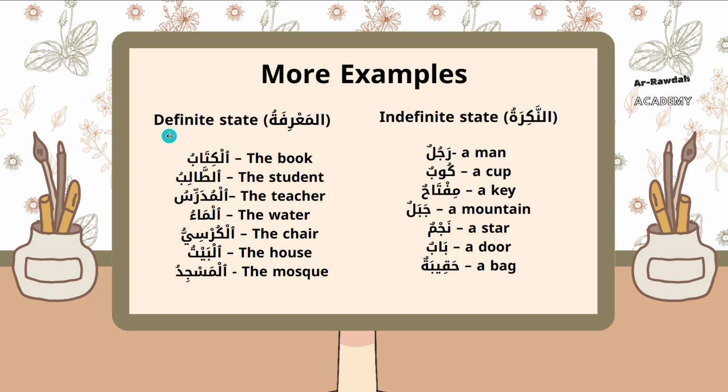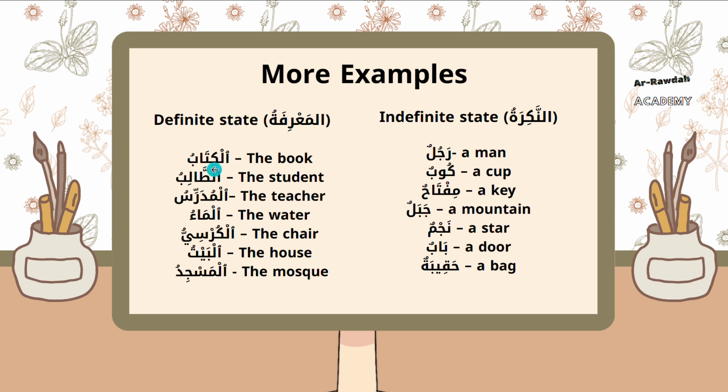So let's go to the definite case, al-ma'rifah. We have al-kitabu. You see, in the case of al-ma'rifah, a definite state, the word starts with alif and lam attached to the beginning of the word, and the last letter is carrying a single vowel sign, not a double like the indefinite, an-nakirah case.